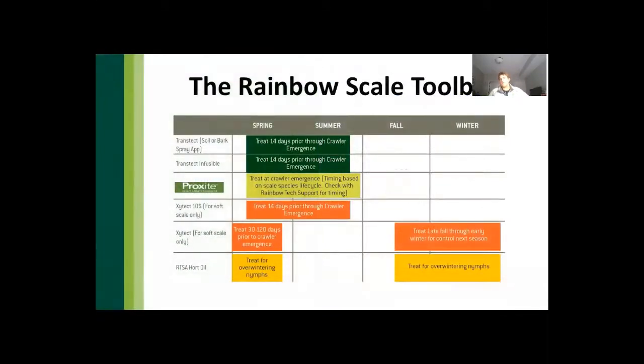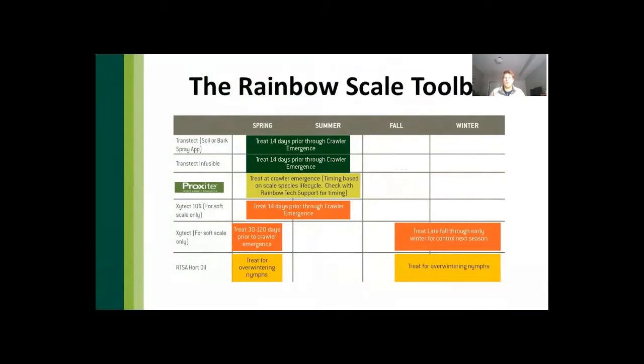At Rainbow, we are an advocate of the toolbox approach, especially for scale insects. With the multiple life cycle stages and also the multiple generations, and also you have different needs from clients, having as many tools in your toolbox is important. So we'll go through each of these, but we're going to walk you through a year in the life of scale management.